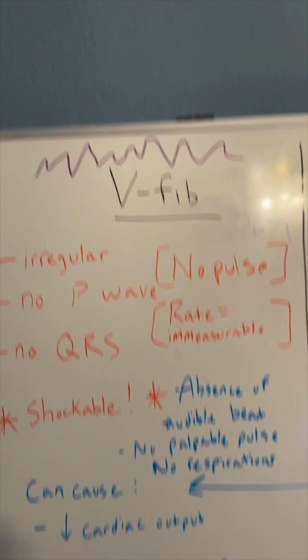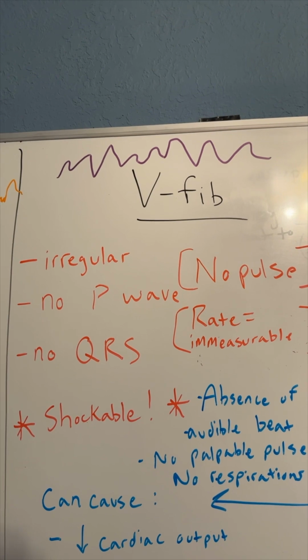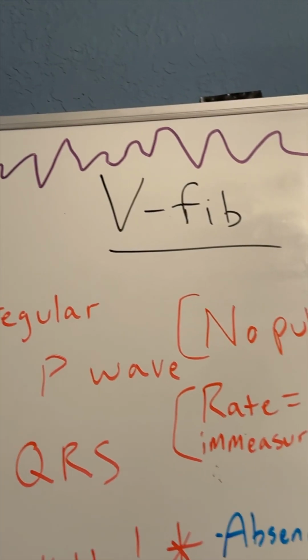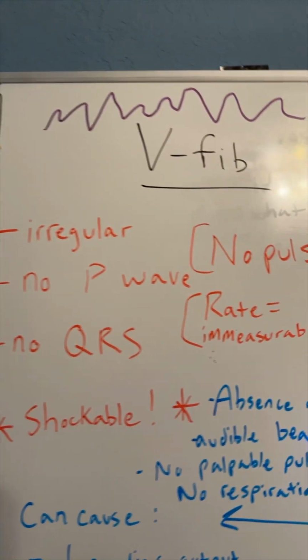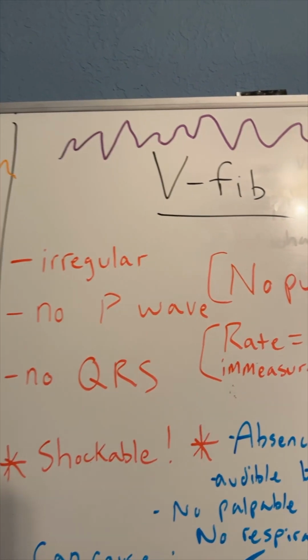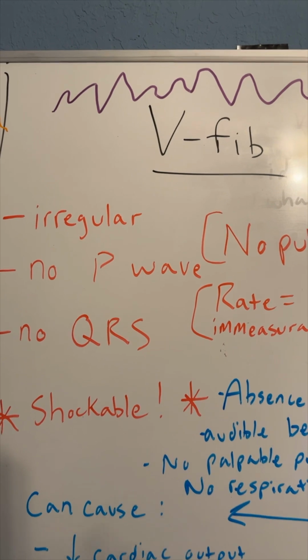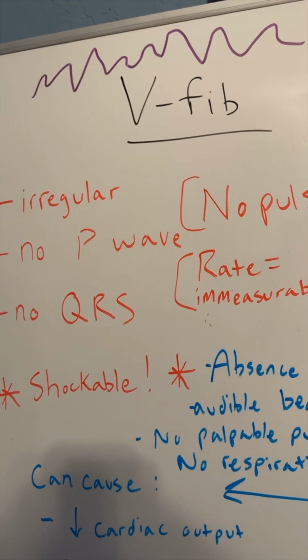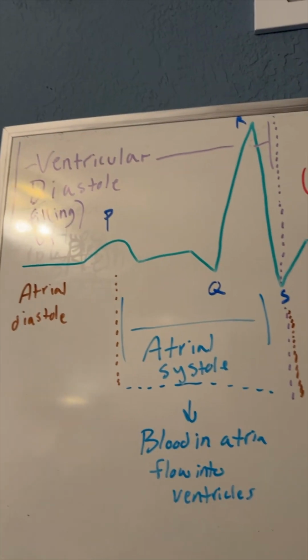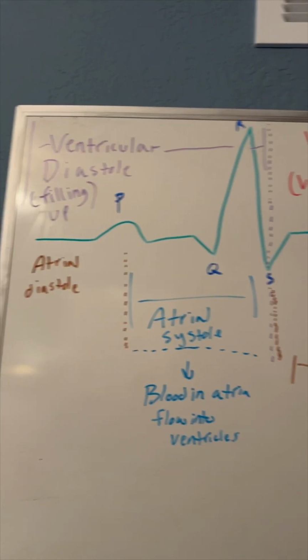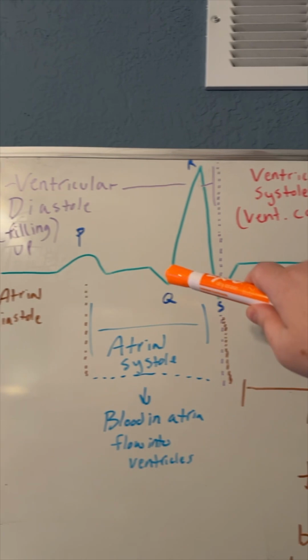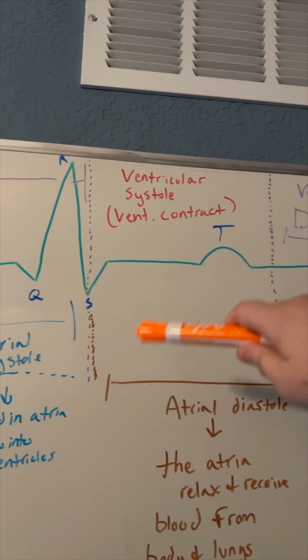Next, we're going to talk about VFib, and it's a little bit more serious, but my artwork isn't. Basically, there's no P wave and there's no QRS complex, which makes sense if you think about it. Let's go back to my drawing on the other side. If the ventricles are quivering, fibrillating, so to speak, that's what's allowing this to happen and this to happen.